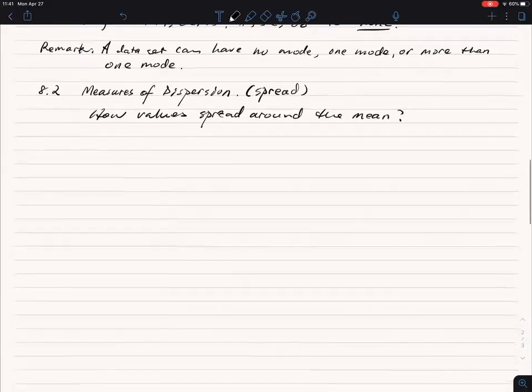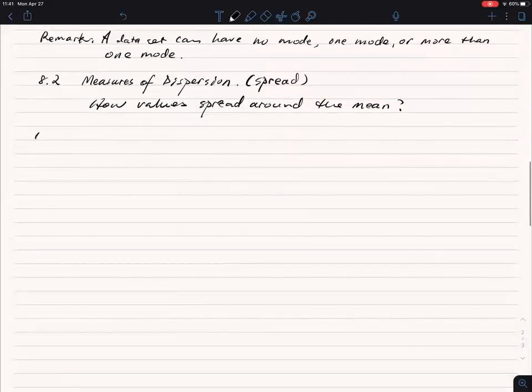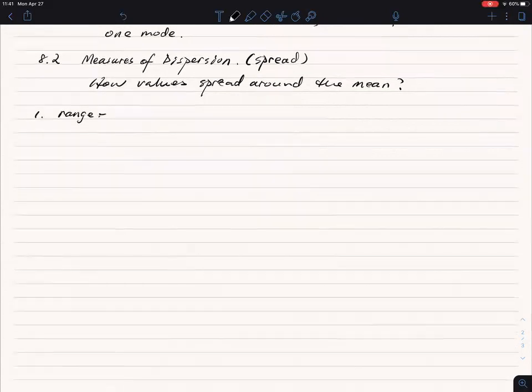To answer this question, the first thing we can look at is called range. Do you recall what range is? Range is just the maximum value minus the minimum value in a data set.